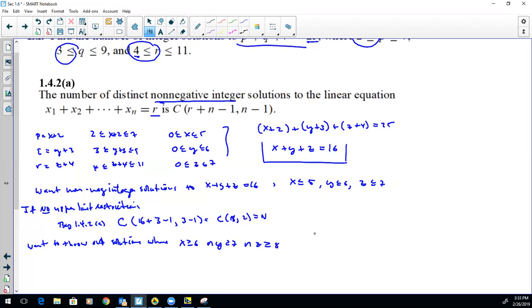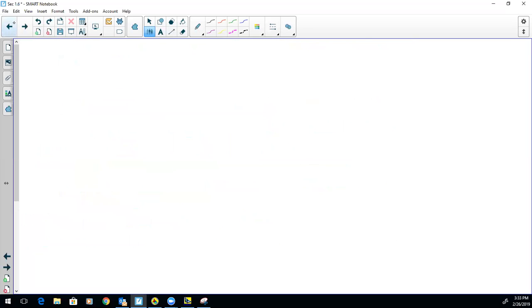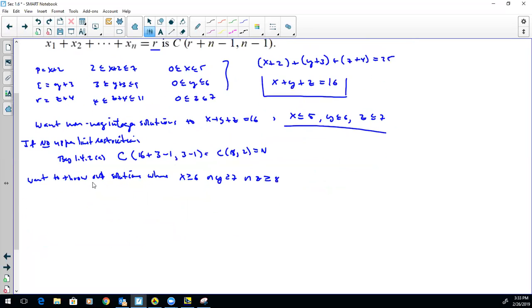Okay, because if I throw out solutions where that happens, I'll have this solution here. Okay, this is going to take a while. So keep this in mind for N.